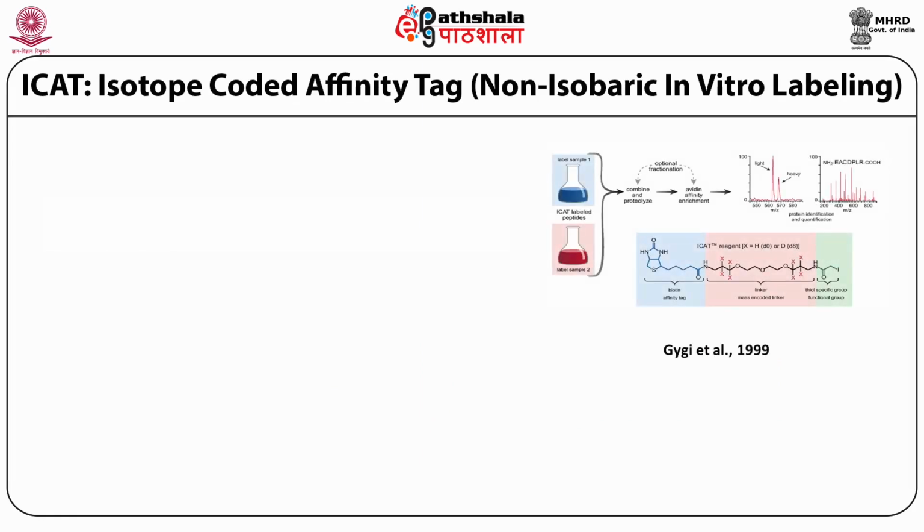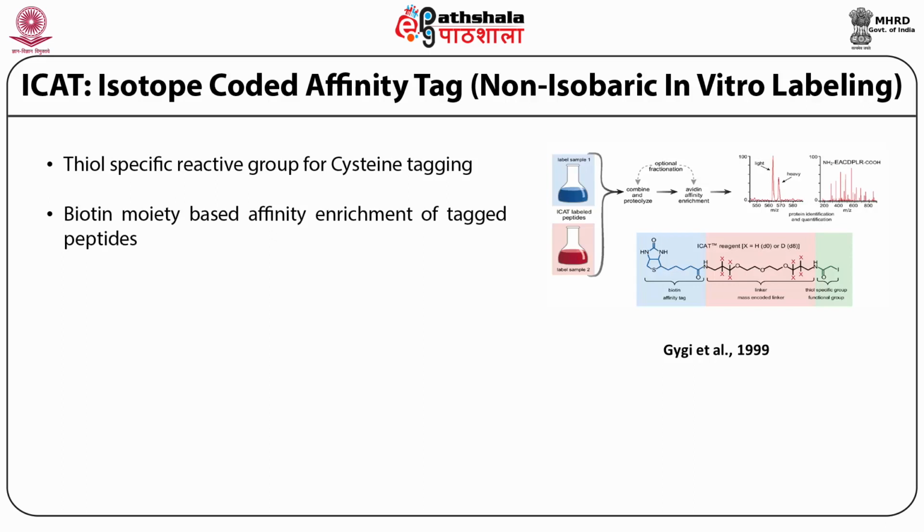ICAT, or isotope coded affinity tag, is a non-isobaric in vitro labeling technique. In this technique, thiol-specific reactive groups for cysteine tagging are used. Biotin moiety-based affinity enrichment of tagged peptides takes place.